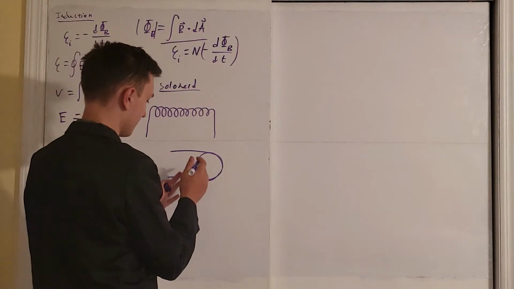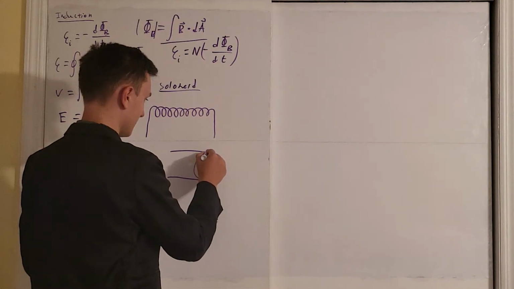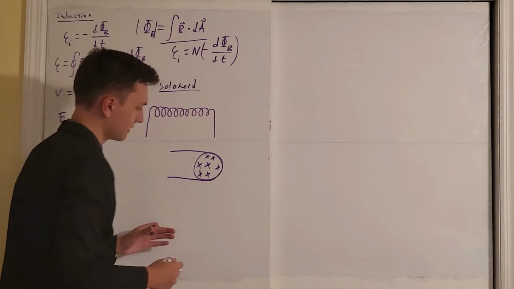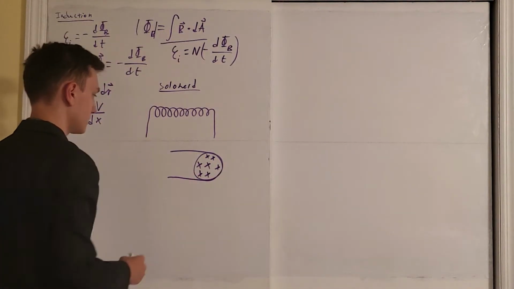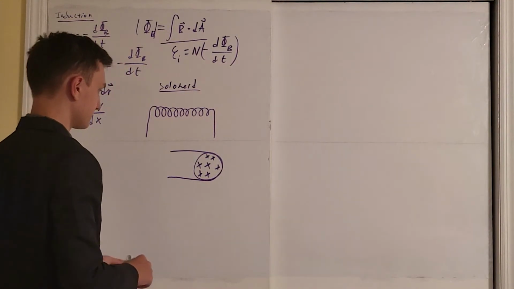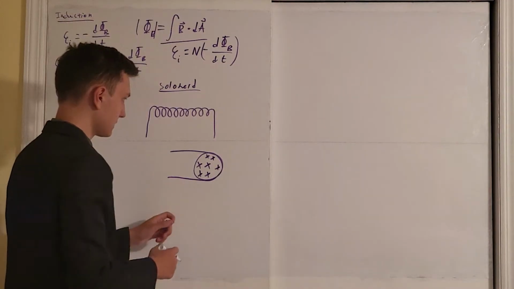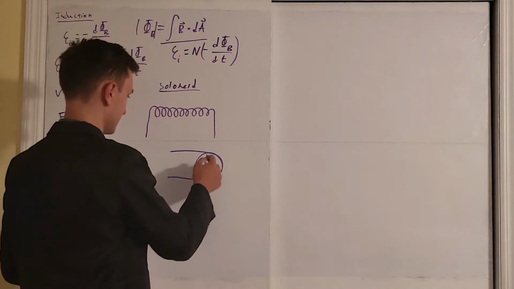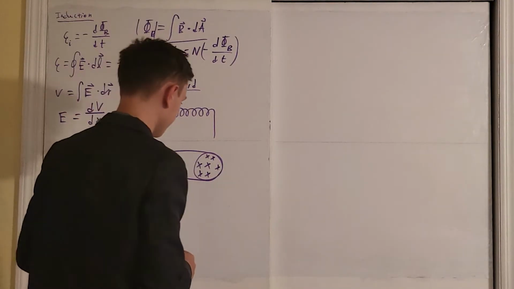Okay, and I have a magnetic field going into the page. I think that's the symbol X, yes. Magnetic field going into the page through the circle formed by that loop of wire, okay? Which means I have a magnetic field and I have an area through which that magnetic field is passing. That is the area of my circle, okay?